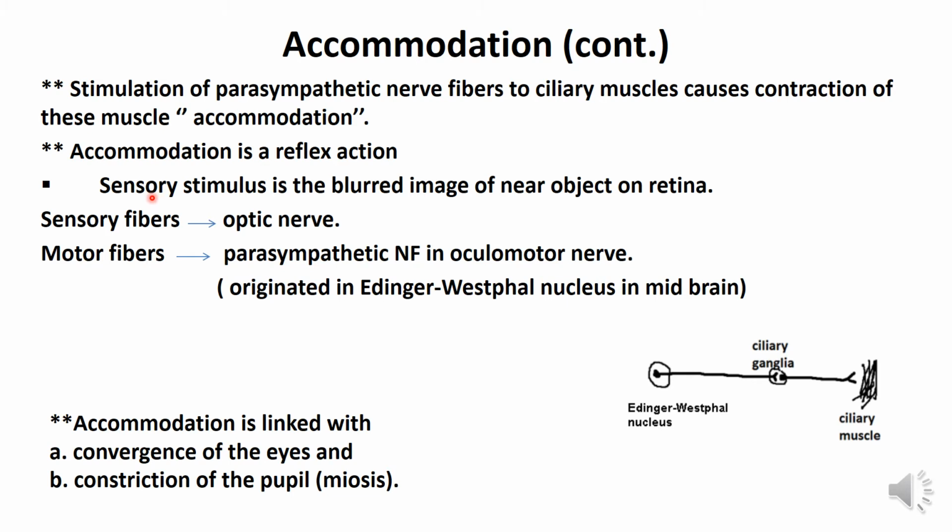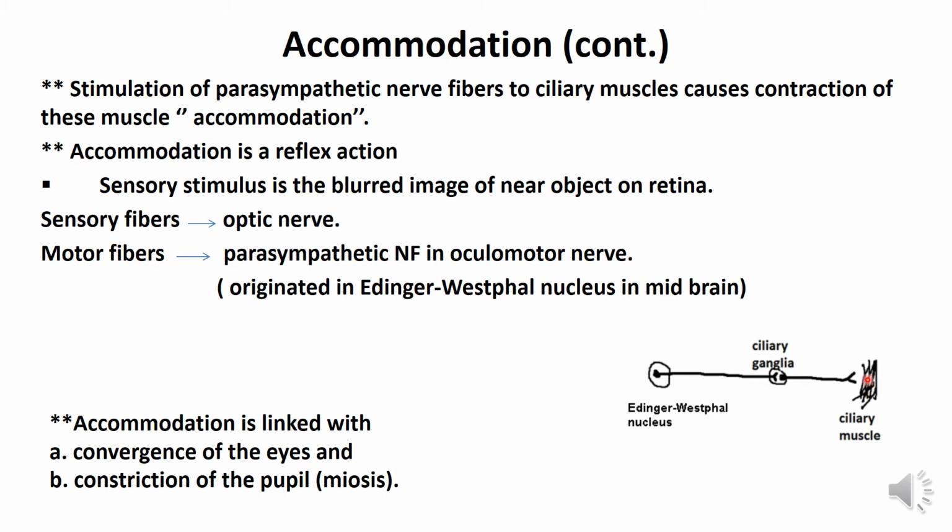The sensory stimulus is the blurred image of the near objects on the retina. The receptors in the retina will see that near objects are blurred. This blurred image will be carried by sensory fibers through the optic nerve to the midbrain, and from the midbrain through the Edinger-Westphal nucleus through the parasympathetic fibers to the ciliary muscle, causing contraction of the ciliary muscle.